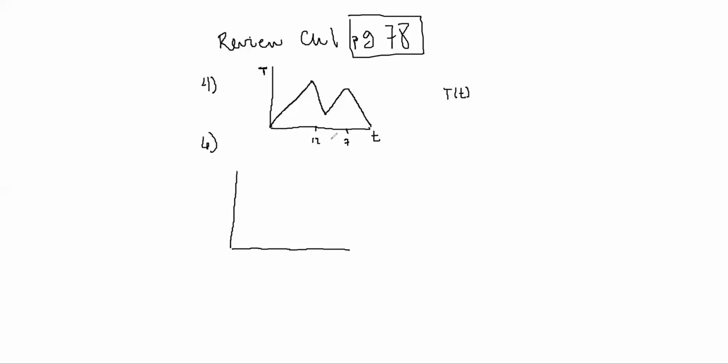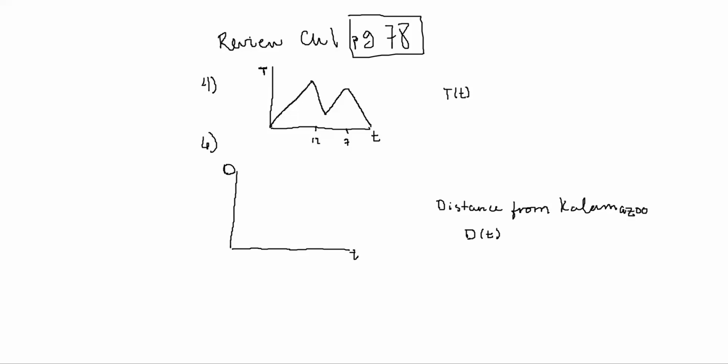Okay, so then for number 6, it's the same kind of thing. You have distance from Kalamazoo as a function of time, so d of t. So this is the distance from Kalamazoo, and this is the time.